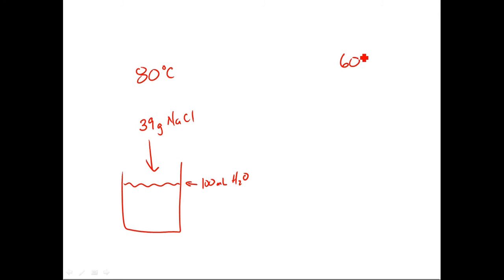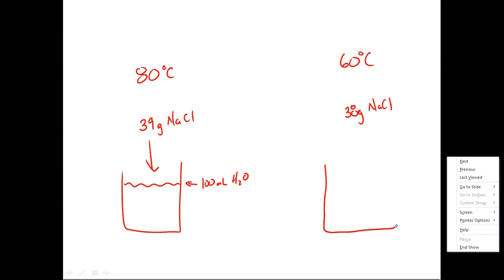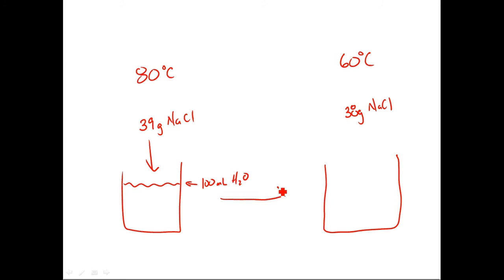So then at 60 degrees Celsius, I think I remember that I said that there was 38 grams of sodium chloride according to that graph. So the question is, what's going to happen when I cool this down from 80 degrees to 60 degrees, what's my new picture going to look like? Well, if I do this slowly, I'm still going to have 100 milliliters of water, and it's going to look exactly the same.